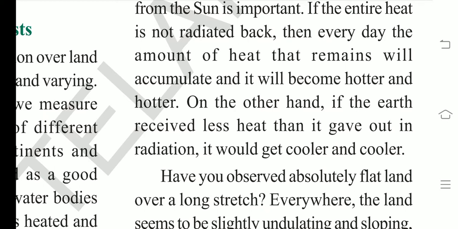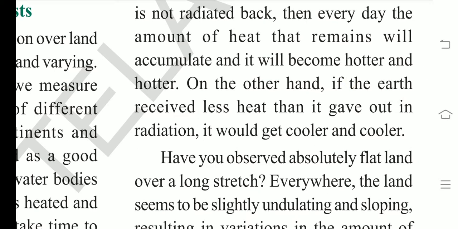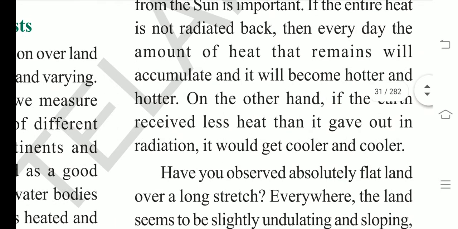What happens if it radiates the total? It becomes cooler and cooler, so that Earth becomes a very cold planet, and there won't be existence of life. Two things are dangerous. If the total heat of the Earth is radiated into space, Earth may turn into a cold planet.